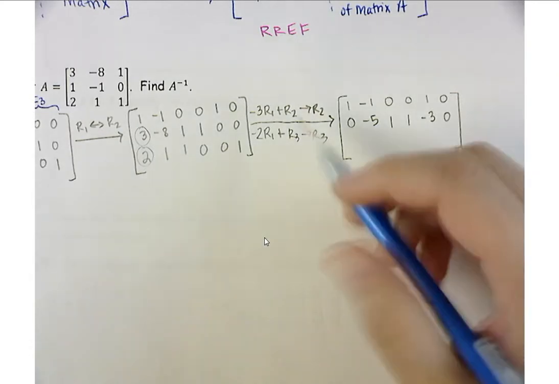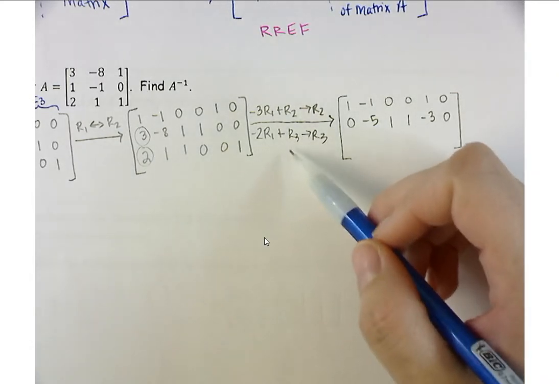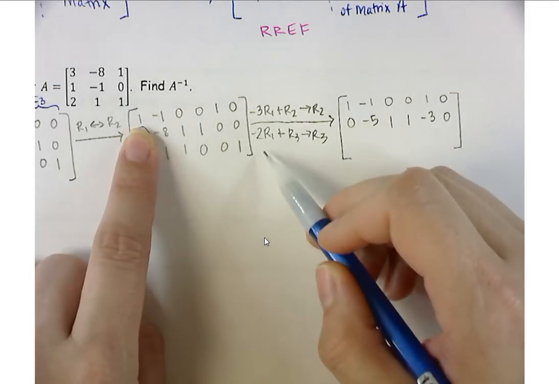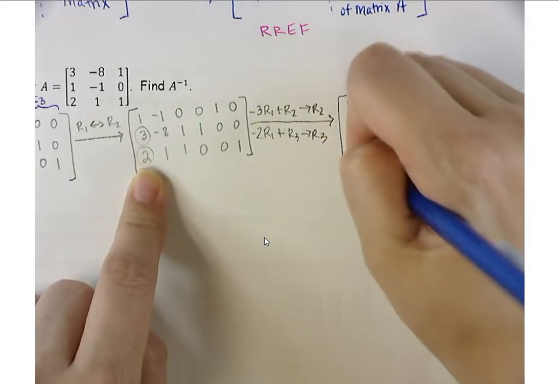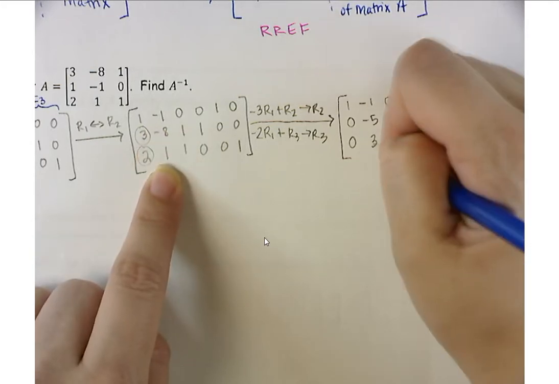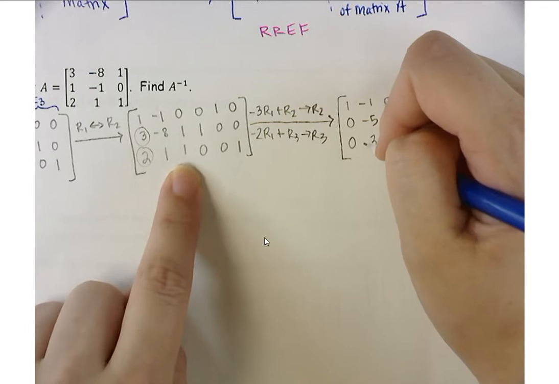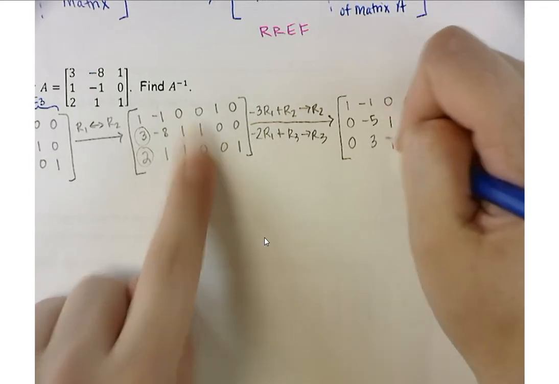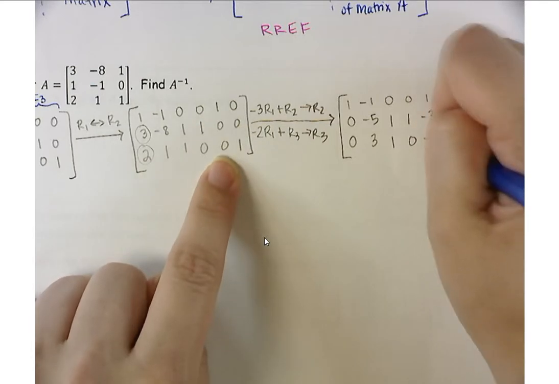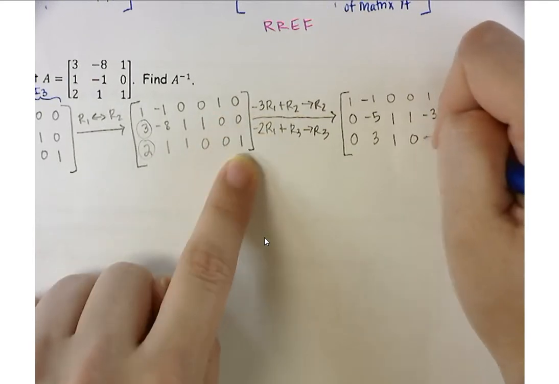Okay, and now I'm going to do the last row. So I'm going to multiply -2 times 1, add it to 2 to get 0. 2 plus 1 is going to be 3. 0 plus 1 is 1. 0 plus 0 is 0. -2 plus 0 is -2. 0 plus 1 is 1.